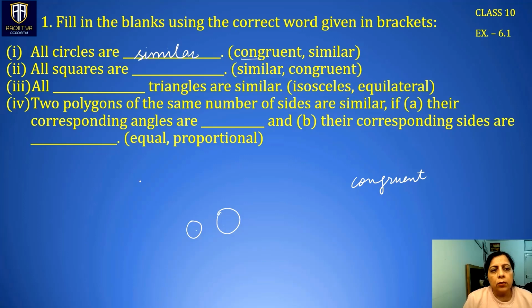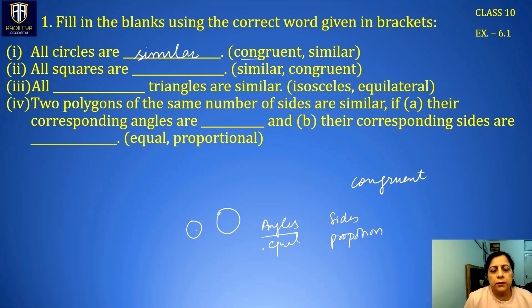Next is all squares are dash, similar or congruent. Again, we had learnt about the similarity that for two polygons to be similar, all their angles should be same. Angles should be exactly equal and their sides should be proportional, right?